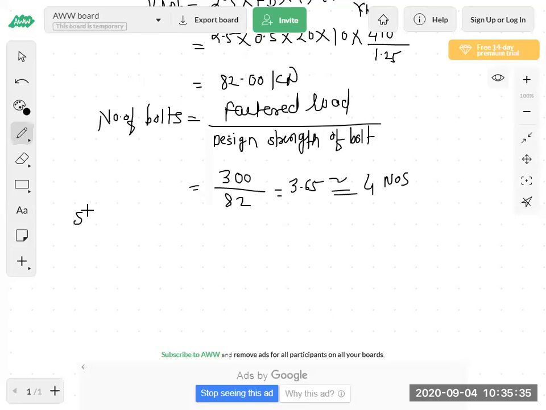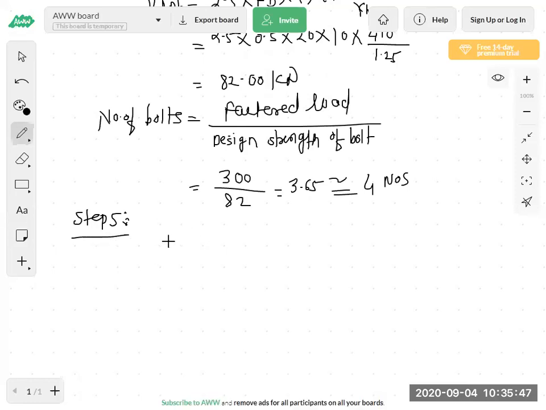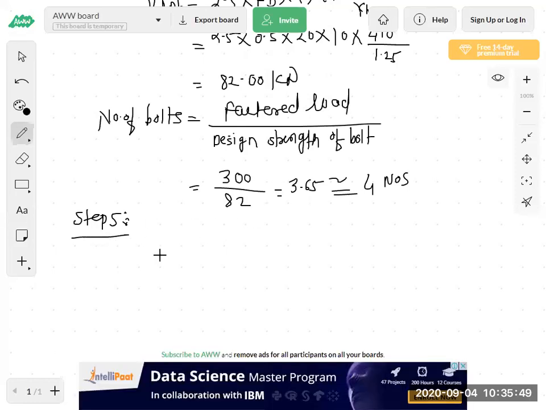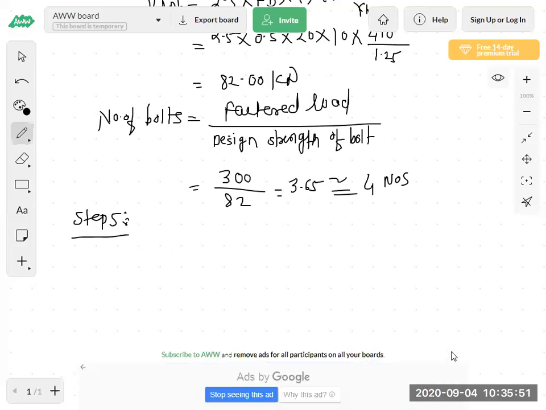Okay. Now next step, step number 5. In the single angle compression member, in step number 5 we directly calculated the slenderness ratio. But here for the double angle, we have to calculate the moment of inertia, because due to both the two angles, the CG will shift to the center. So we have to calculate the moment of inertia and then R minimum.